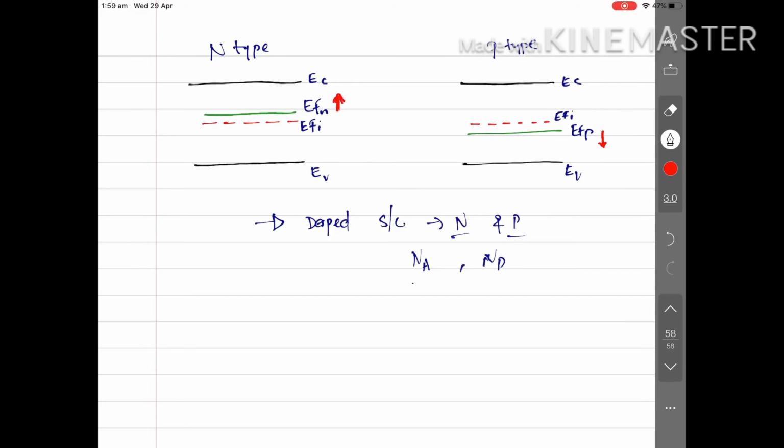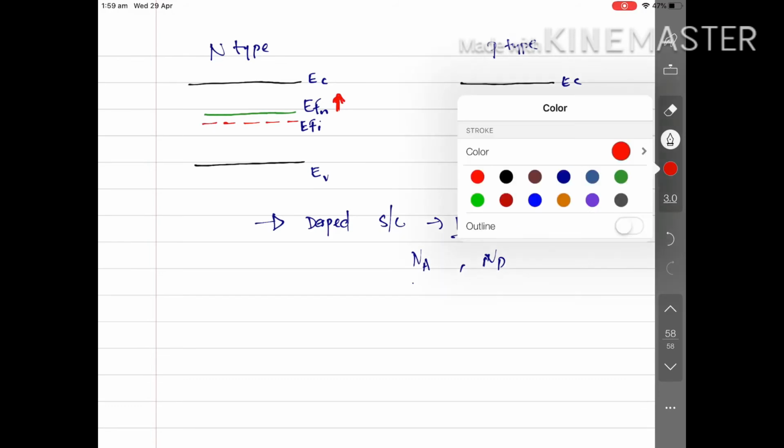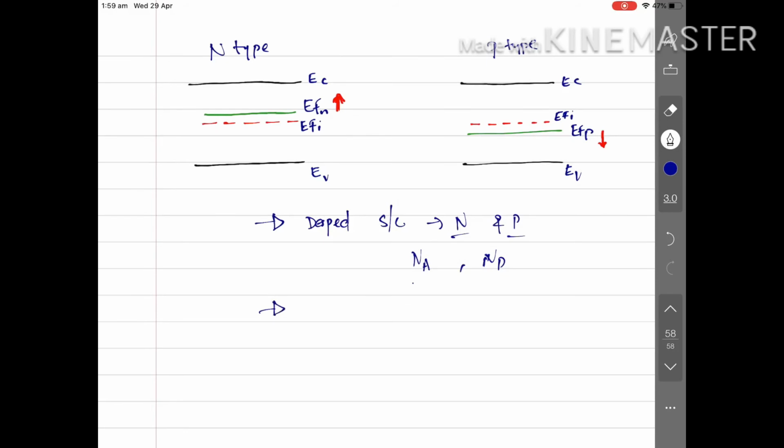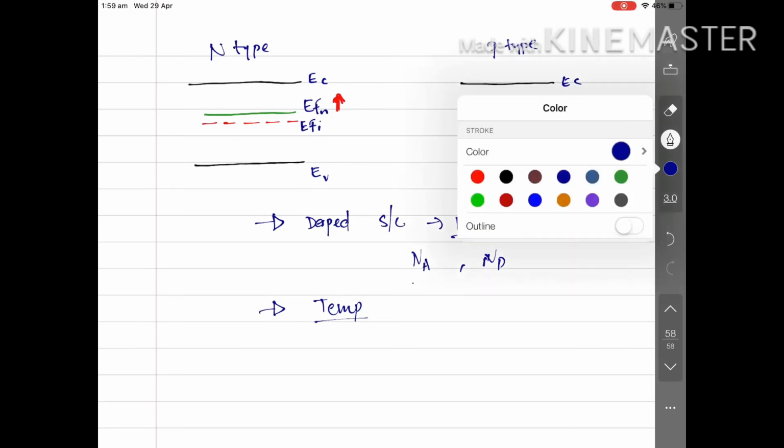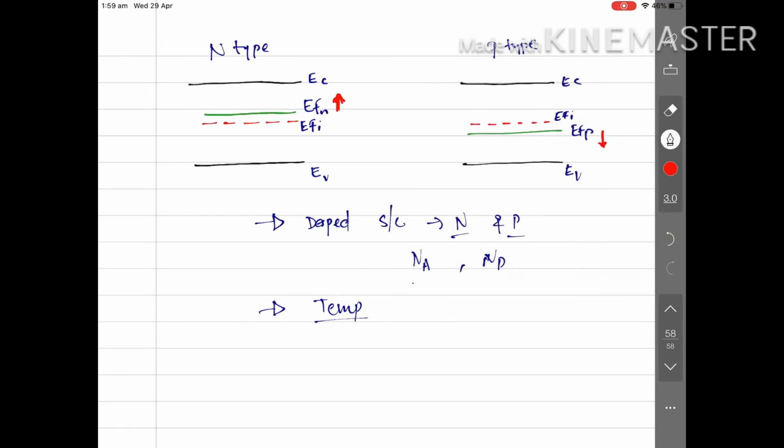There is one more thing: what happens when we increase the temperature? What happens to the Fermi energy level? When we increase the temperature, the Fermi level moves towards the intrinsic Fermi level, not away from it.